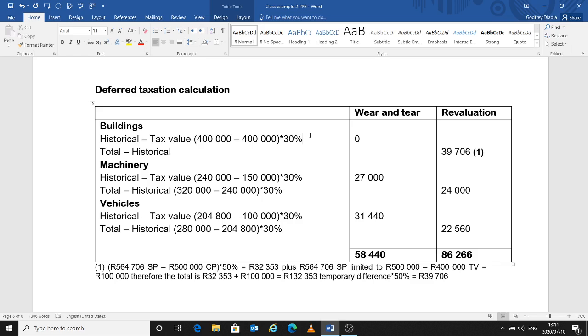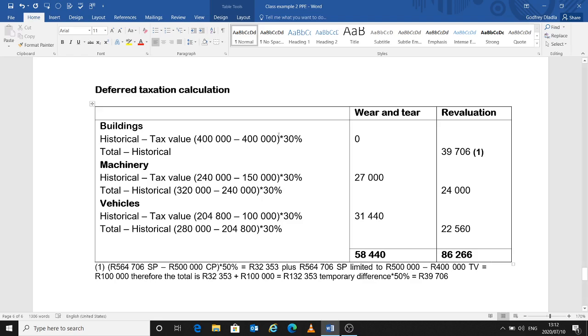You'll have recoupment when it comes to the building. So by end of the year, you've got the taxable capital gains minus the capital profit. It's 32,352. Then plus the recoupment, which will also give you 100,000. So you'll remain with 132,353 under temporary differences. 132,353 times 30.